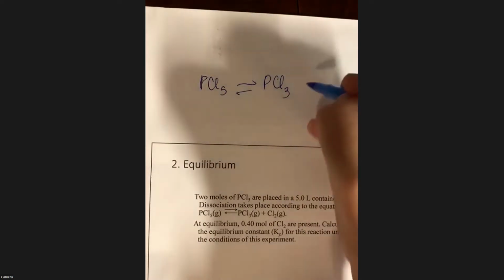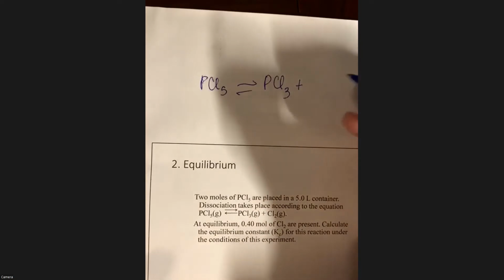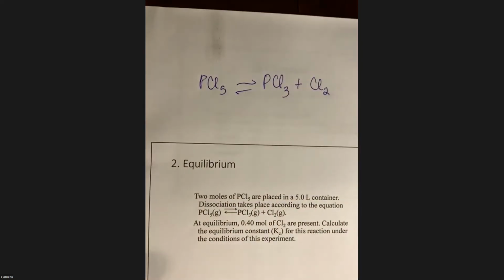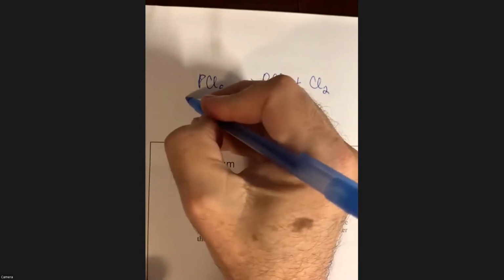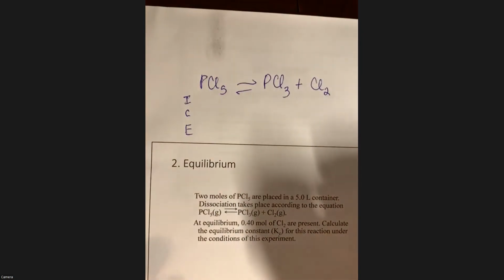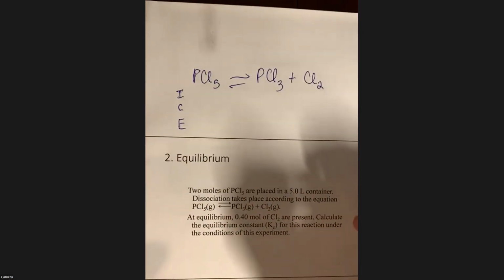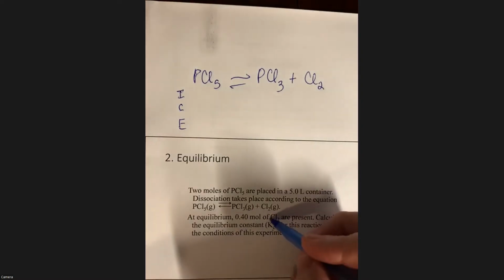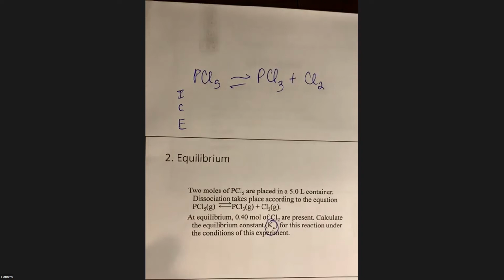I'm not going to write the symbols here because right now I'm just working, I just know that they're all gases. So again, ICE. Now be careful how you do this, because even though these are gases, we are being told amounts in terms of moles. So essentially, they are asking for Kc, not for Kp. Be careful.